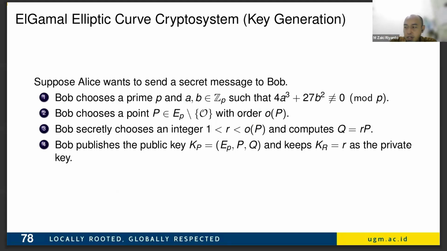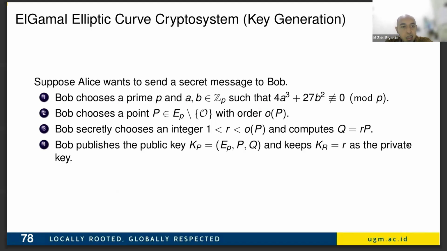And now we move to the ElGamal elliptic curve cryptosystem, or key generation. Okay. Since we can construct a cyclic subgroup of an elliptic curve, we can apply this to the ElGamal cryptosystem.